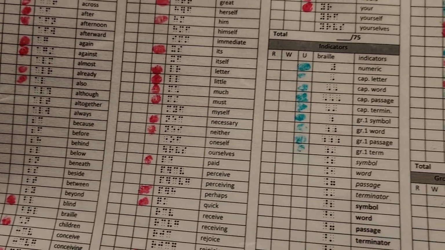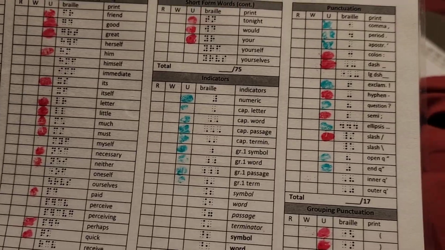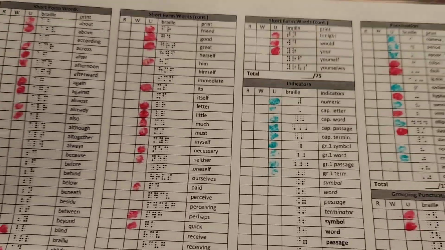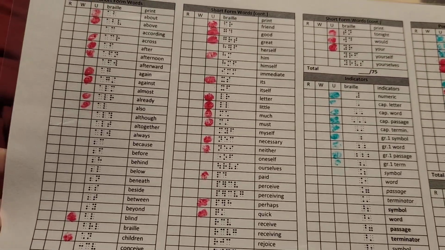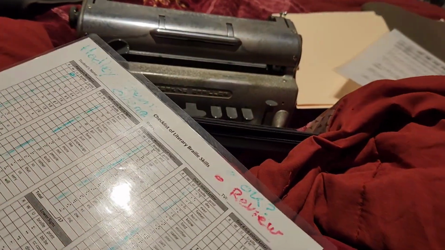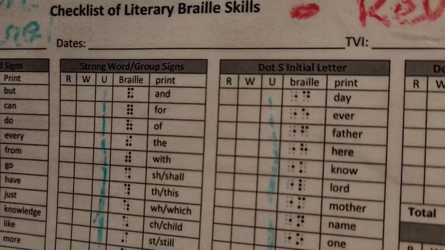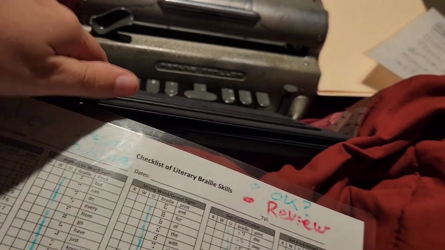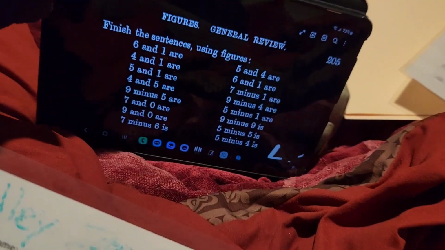This is one reason why Braille is really cumbersome, because it has all this memorization that you have to do. Let's say for the word "and", because I know the word "and" is in here.